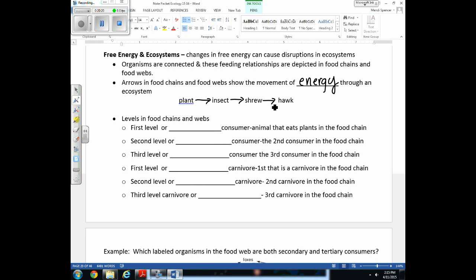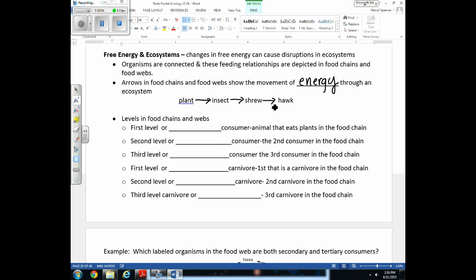These are easy concepts, but often missed by students just because they don't take their time to see how these organisms are classified. Whenever we're talking about food chains or food webs, sometimes we'll refer to the secondary consumer or the primary carnivore, and you need to understand what organism we're talking about. We can classify these organisms as producers and consumers, and then we can even classify them further as first level, second level, third level.